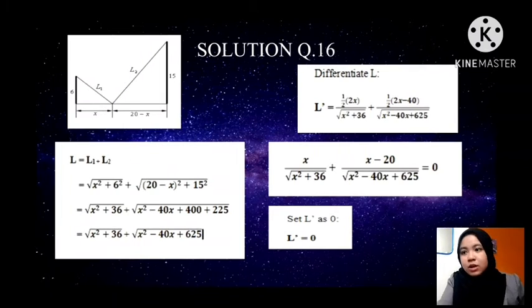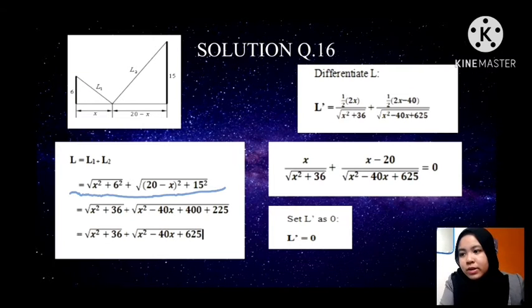Okay, firstly, what we have to do is to find the L1 and the L2. That is the formula for the length. So I'm just gonna write down here, L equals L1 plus L2. And then how do we get the L1 and the L2 is to use Pythagoras theorem, because there is a triangle.